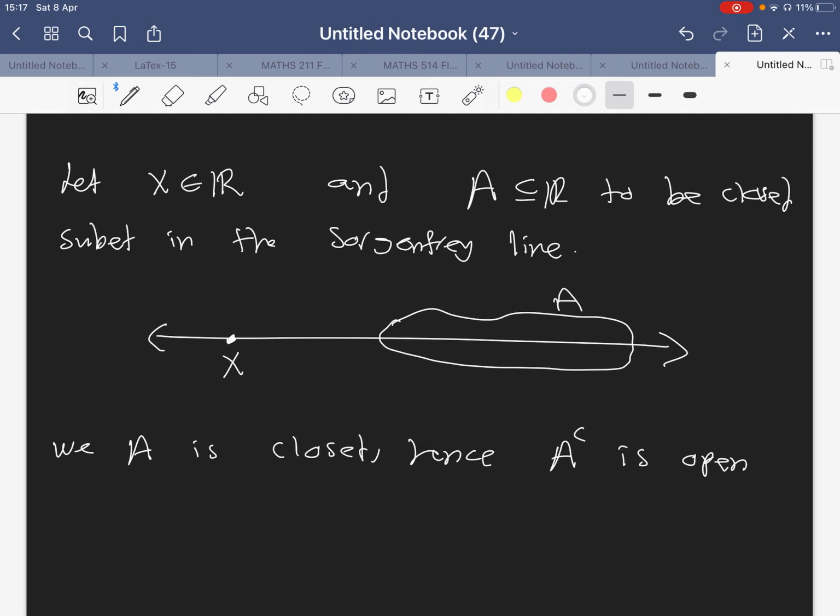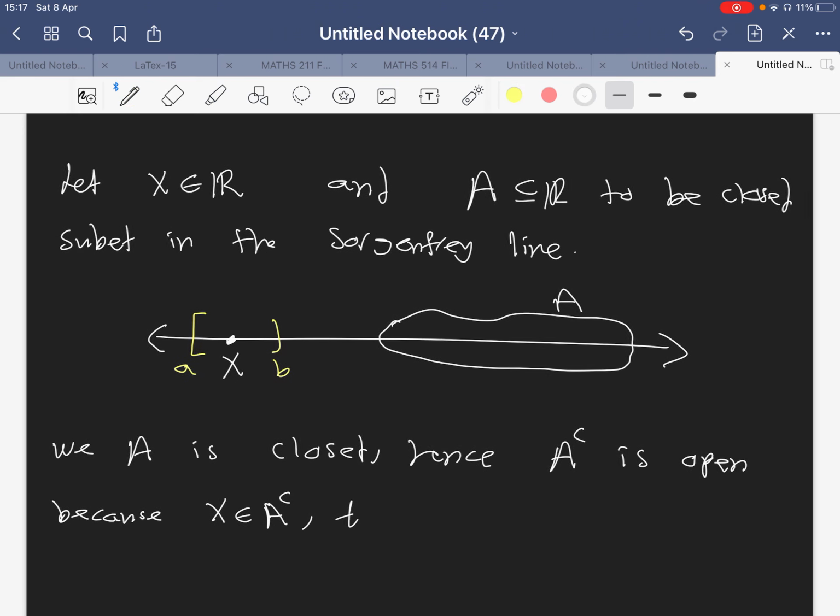Hence, the complement is open. And because X is in the complement, we can find a basis element, because this is the definition of a basis. If we take any point, we can find an open set from the basis that contains this point.